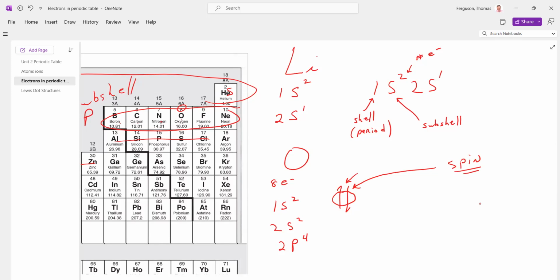Spin represents the 2 electrons that are in the 1s2 subshell, and that only represents 2 electrons out of the 8. So we need to start doing some more here.